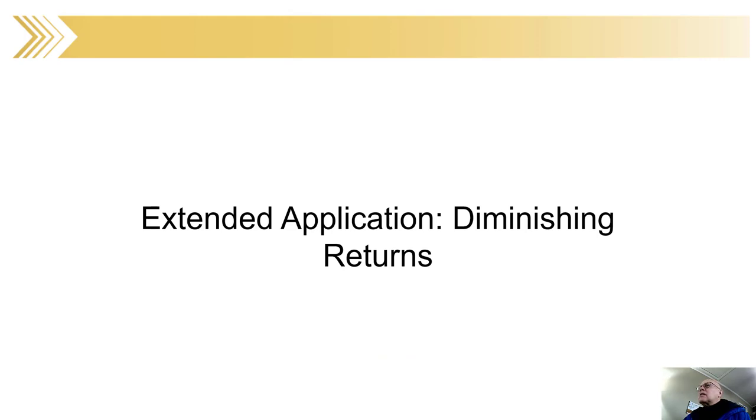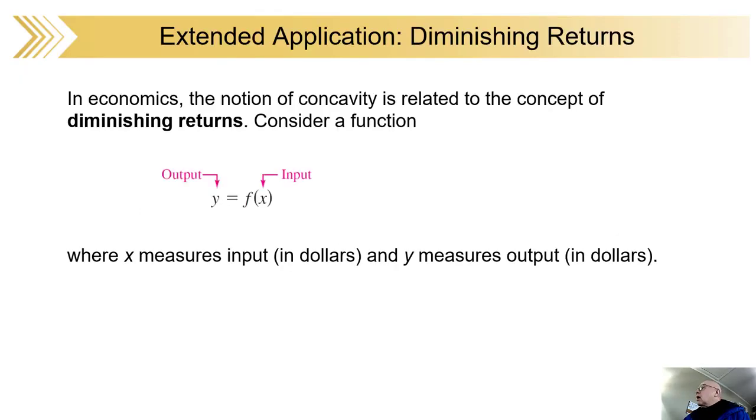Diminishing returns. So this, you would most likely be talking about profit, for example. When does your profit start slipping? So we start with a function, and this represents outputs.